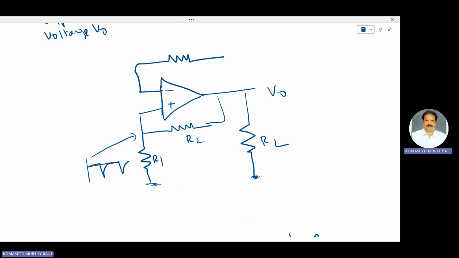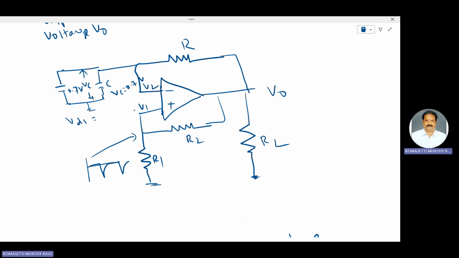Here some resistance R, timing circuit, here some capacitor C, here VC, which is 0.7 volts. We know that the difference voltage VDA is V1 minus V2. V1 is beta V0, and V2 is 0.7 volts.